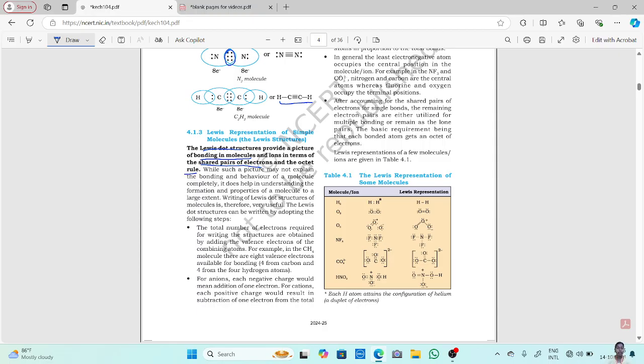While a picture may not explain the bonding behavior of the molecule completely, it does help in understanding the formation and properties of a molecule to a larger extent.